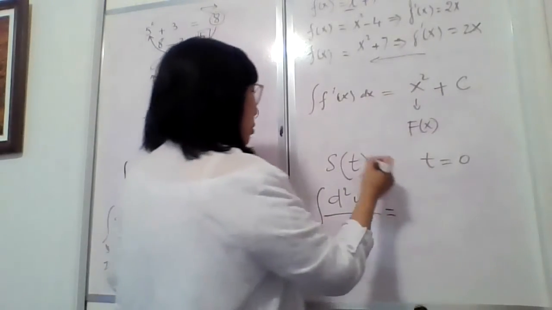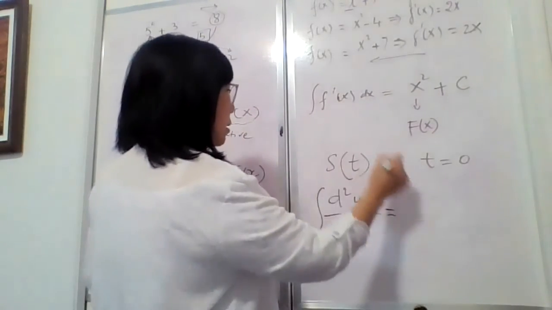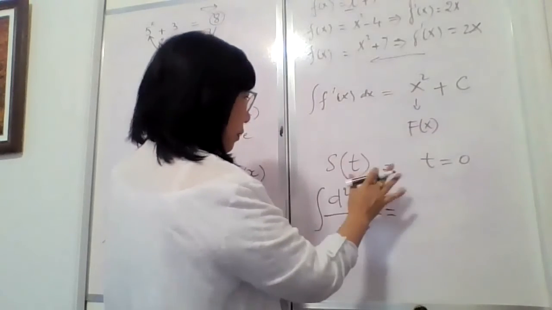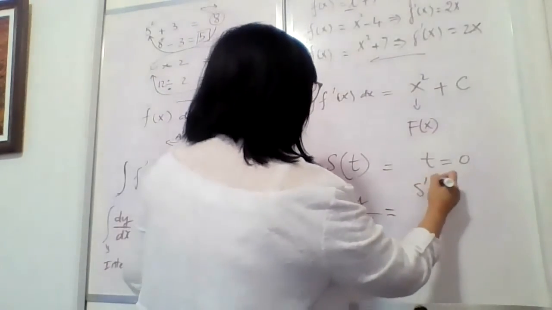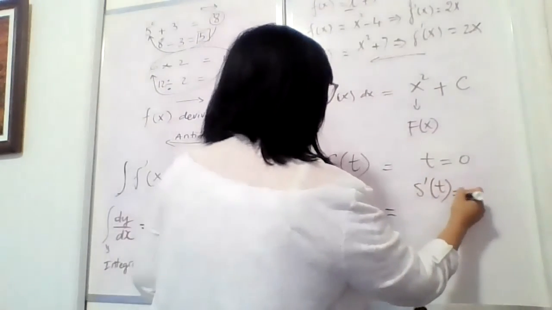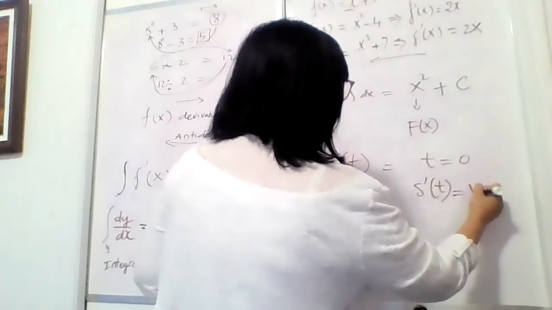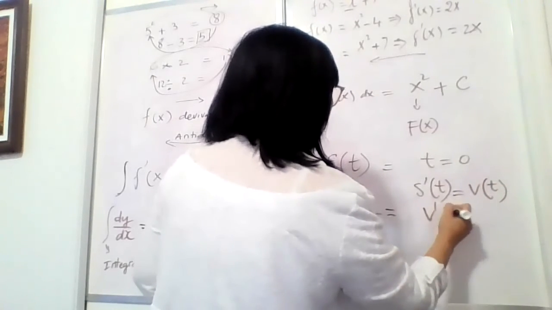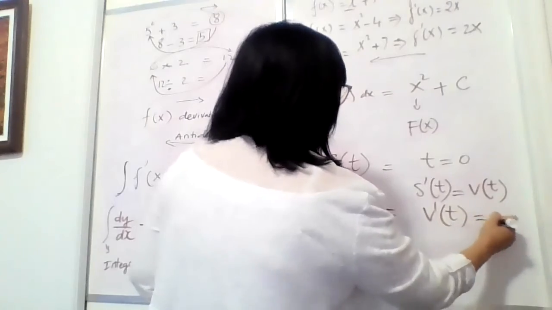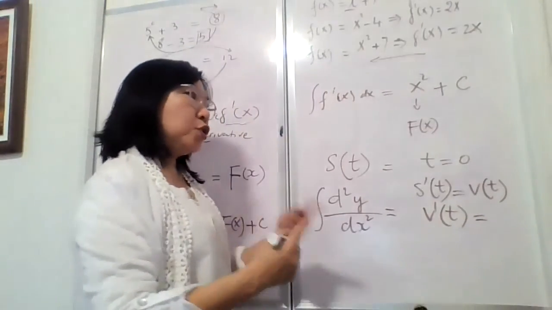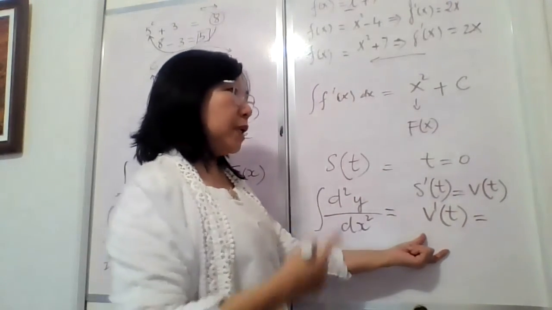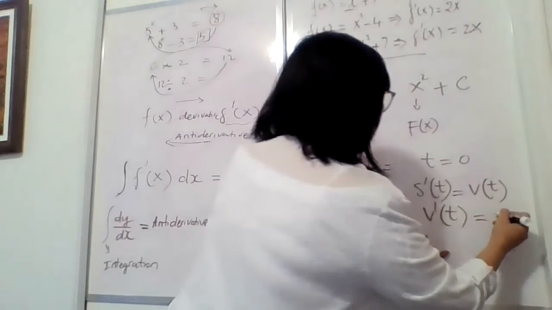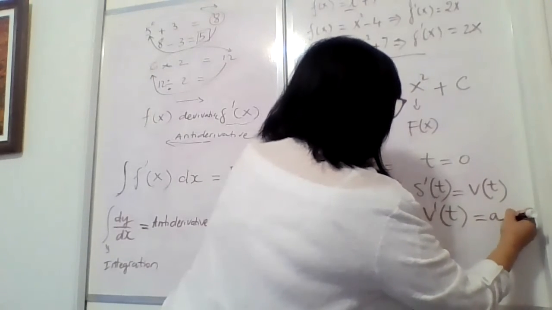Now, remember derivative. The derivative of the position function will be velocity. And if you take the derivative of velocity, it will give you the rate of change of velocity, which becomes the acceleration.